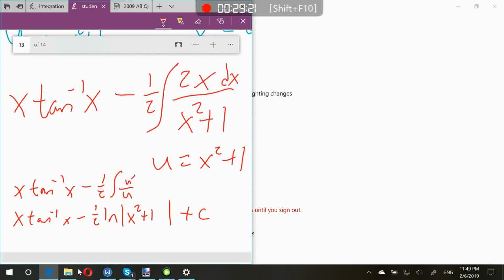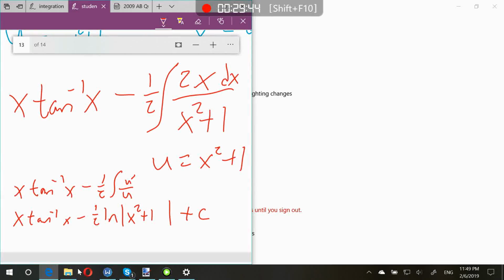Do you remember from last time why I used absolute value signs here for my natural log? Because it's undefined for negative numbers. Perfect. But it's actually squared inside. Yes. So no matter what we plug in, that one's going to end up being positive anyways.